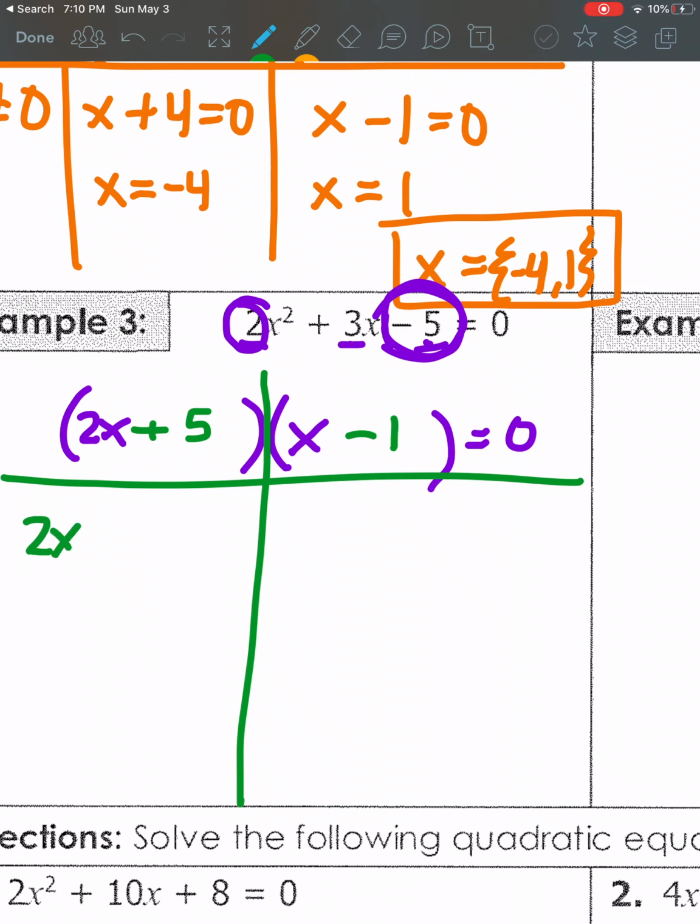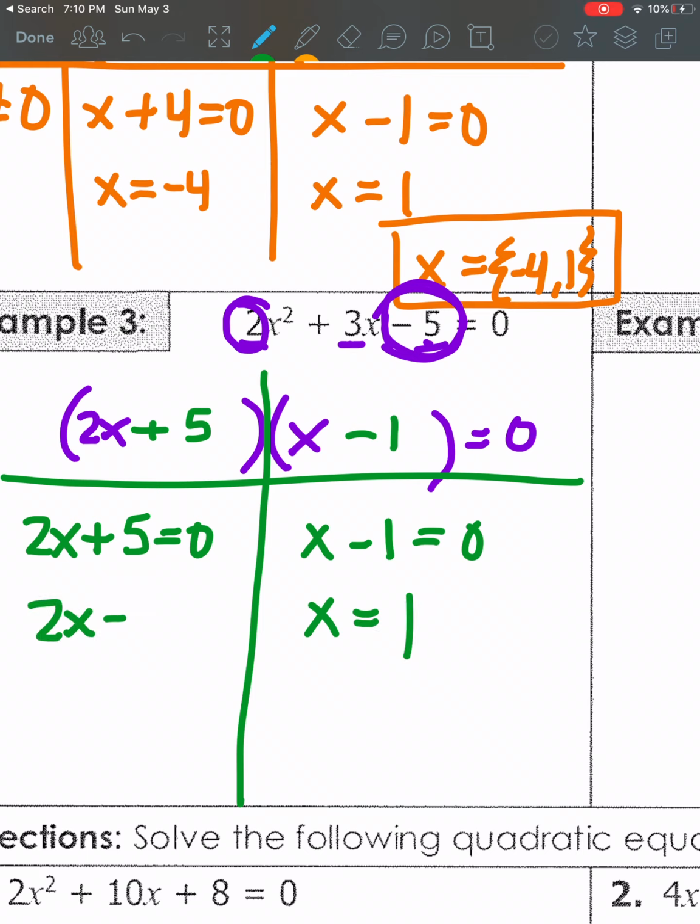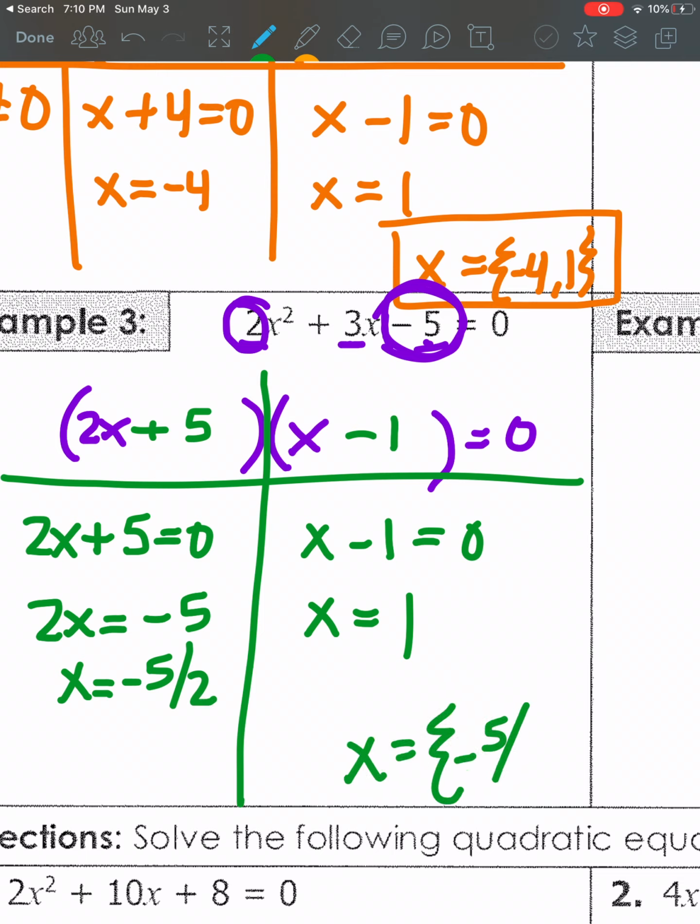So 2x plus 5 equals 0, and x minus 1 equals 0. So the right side factor is easy, plus 1, so x equals 1. This one we would subtract 5, so 2x equals negative 5, and then divide by 2, so x equals negative 5 halves. So we have two answers, again, negative 5 halves and 1.